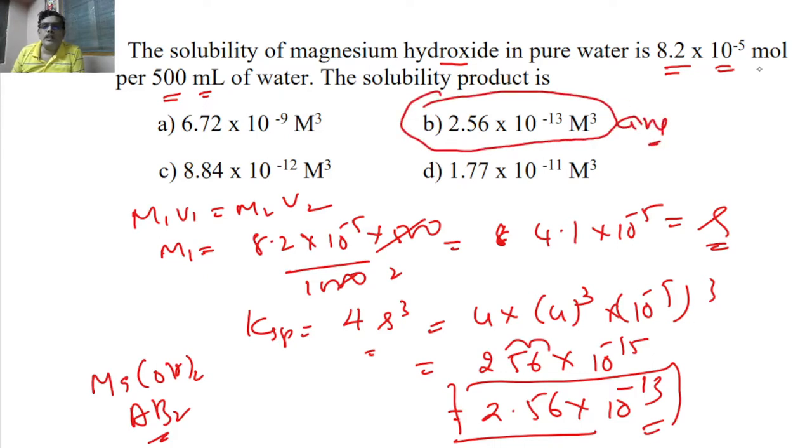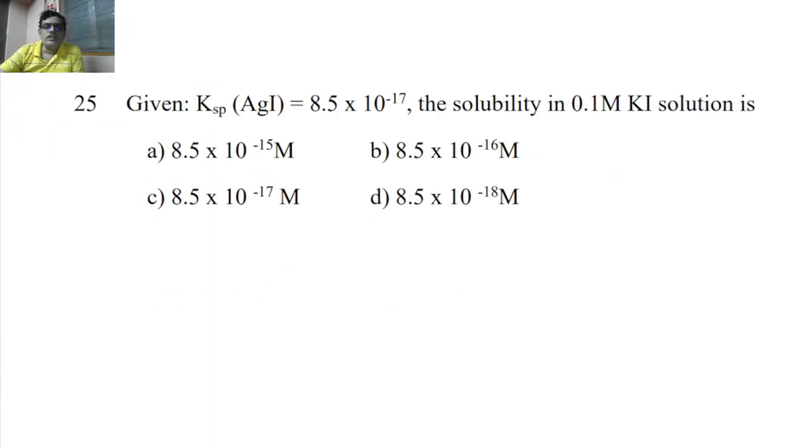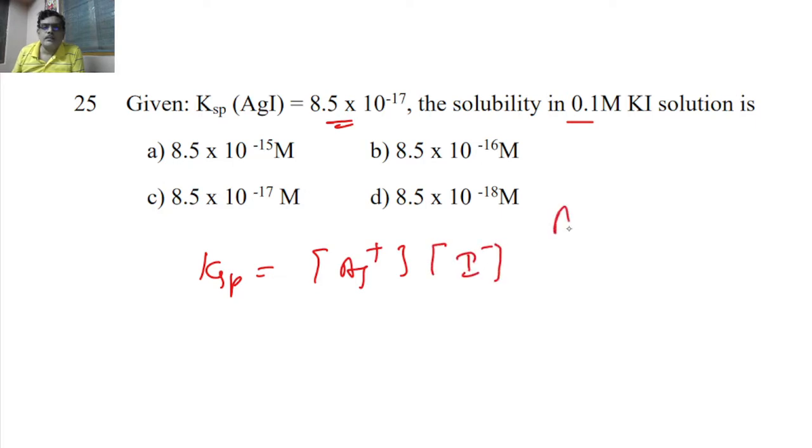So here the molarity should be taken as the solubility S. Ksp of silver iodide is given in water. So what is the solubility in 0.1 molar KI? See, Ksp is equal to the concentration of silver ions times the concentration of iodide ions, because it is AgI solid that is suspended in water, or a precipitate.